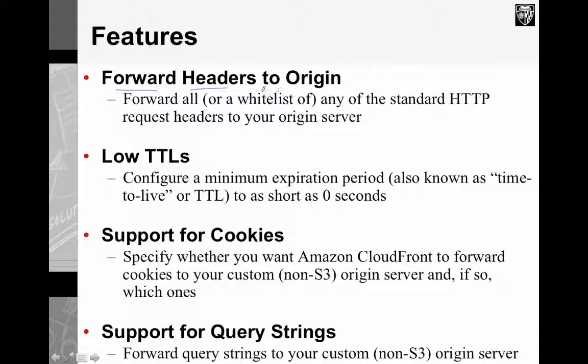Forward HTTP headers to the origin. When the HTTP request is coming to the edge site, it should be able to forward that information to the origin. Load TTLs. The edge servers are serving content to the end users, and in many cases the edge servers are actually caching the content. You can cache the content for a specific amount of time, and what this is saying is that you can have your cache to be as low as 0 seconds.